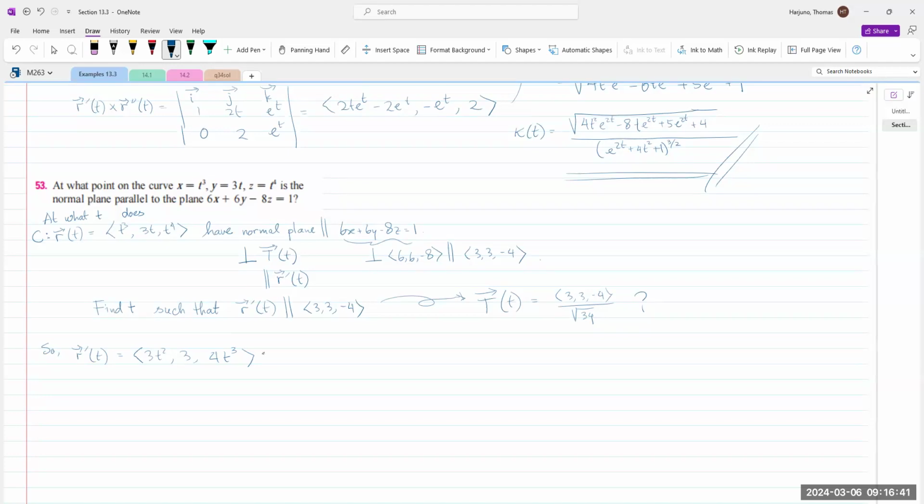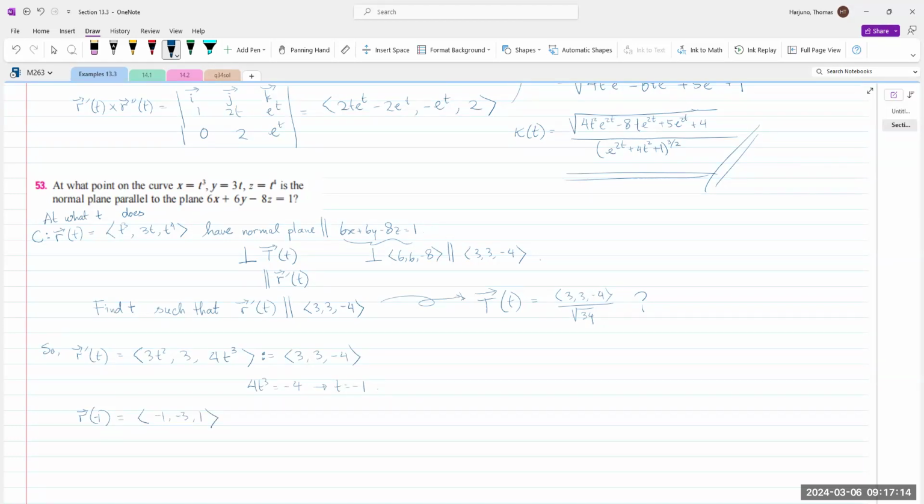So I set this equal to (3, 3, -4), and you can see from the z component, 4t cubed equals to -4 implies t equals to -1. So at what point will that be? Well, we find the position vector at, I'm sorry, at -1. That will be (-1, -3, 1).